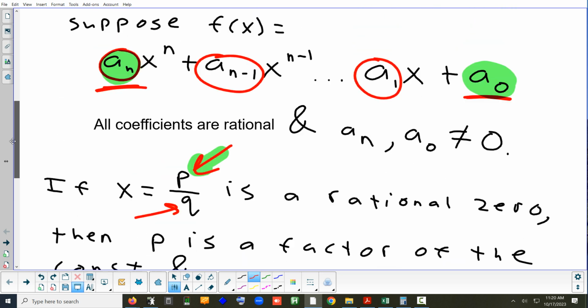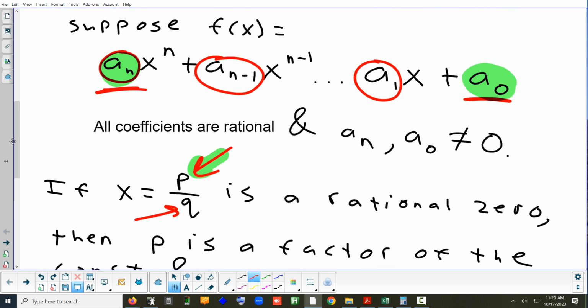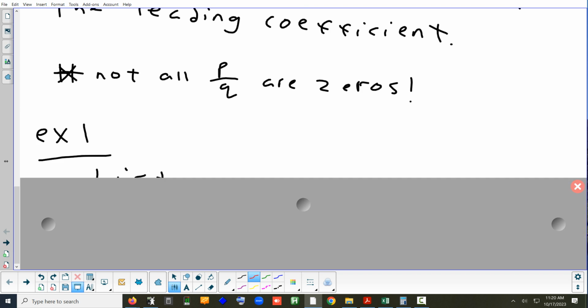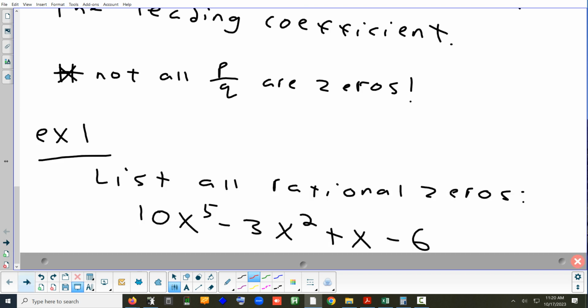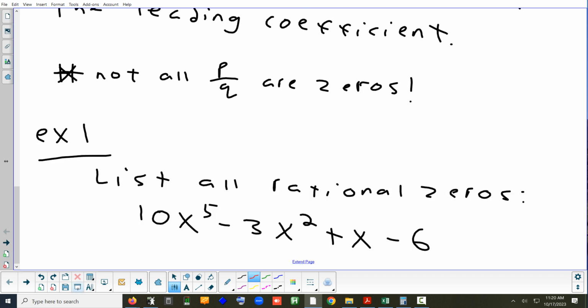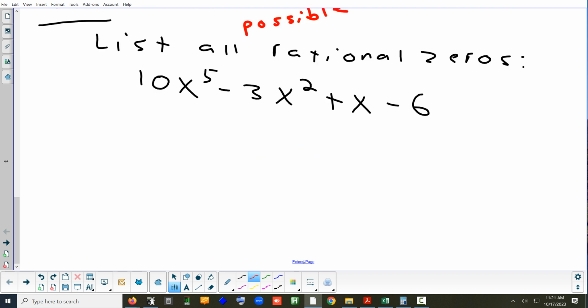Okay, so important thing, P are all the factors of the number at the end. Q are all the factors of the number that are in front. Right, let's try it on this example. And I'm just going to add in the word possible.